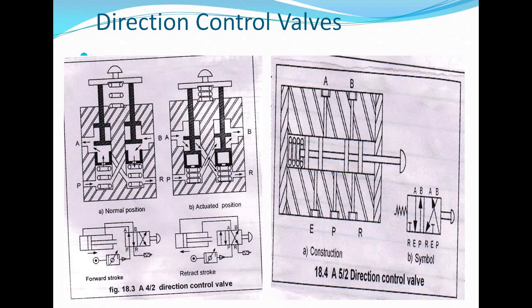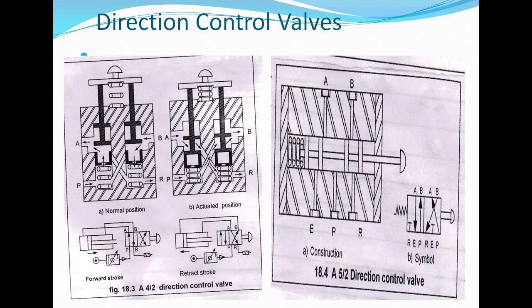So in the figure, in the normal position we will be having forward stroke, and in the actuated position we will be having return stroke or retract stroke. This is how the 4x2 DC control valve works.